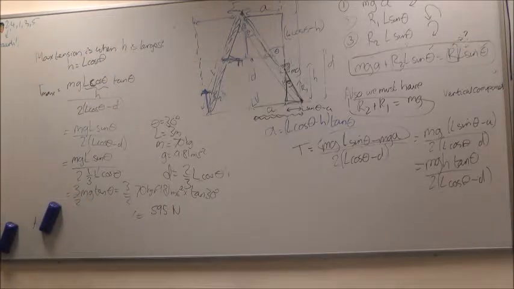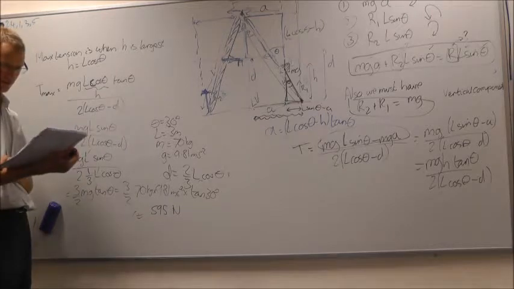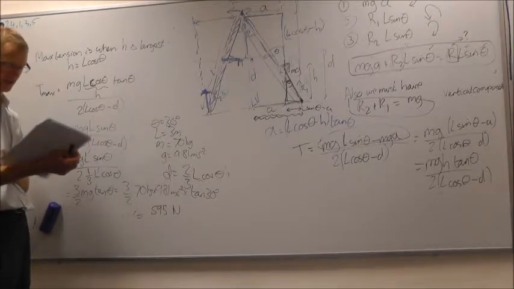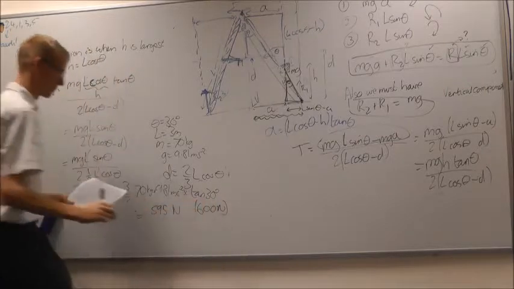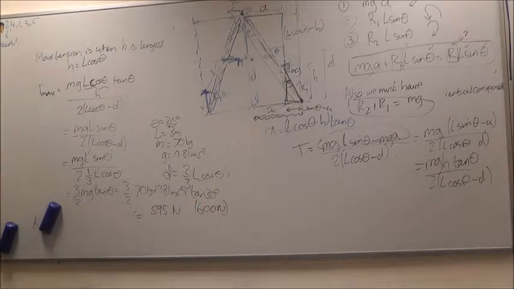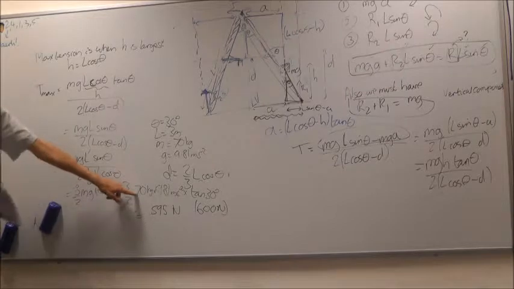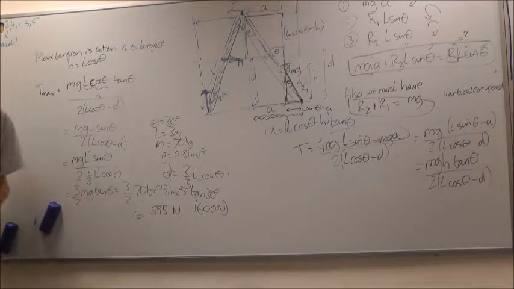Significant figures, assume everything to be in one significant figure here, 600 newtons. Seems about reasonable, doesn't it? The guy's weight is going to be about 700 newtons. Something of that order seems reasonable.